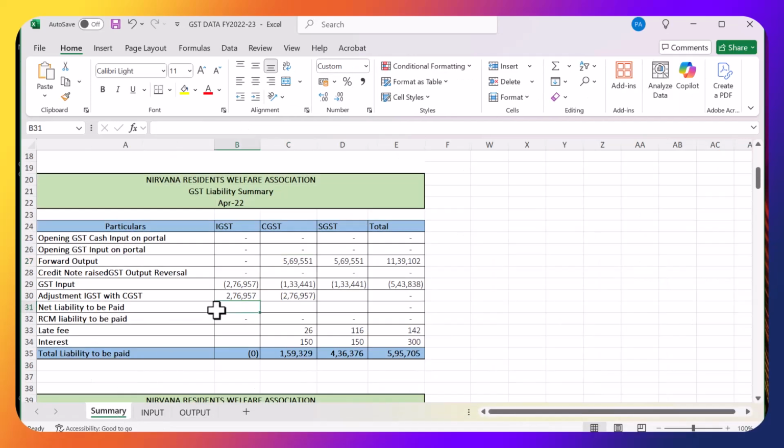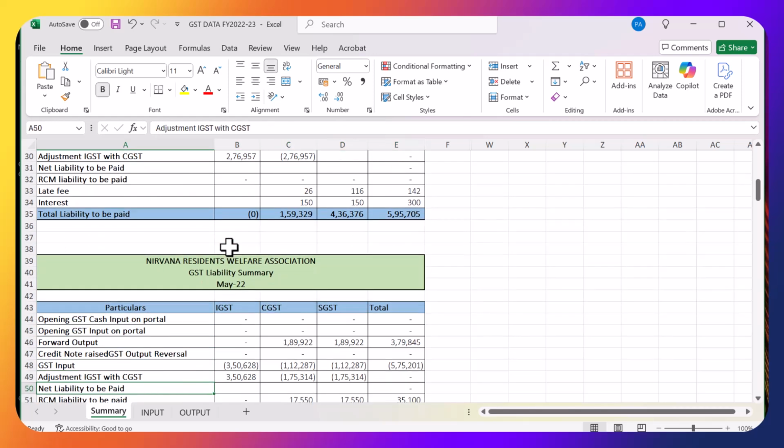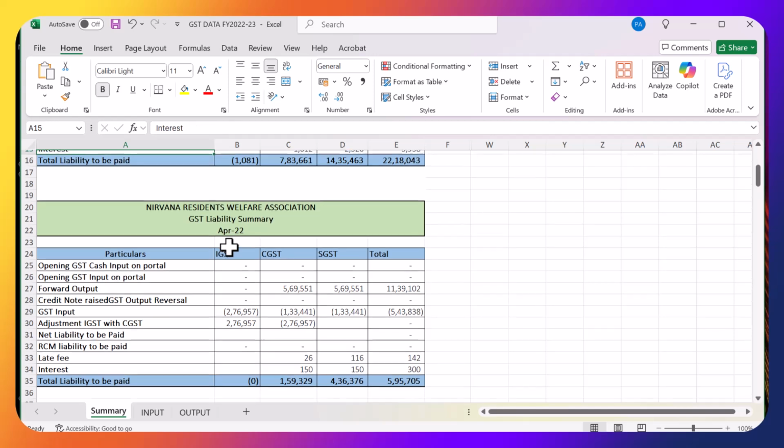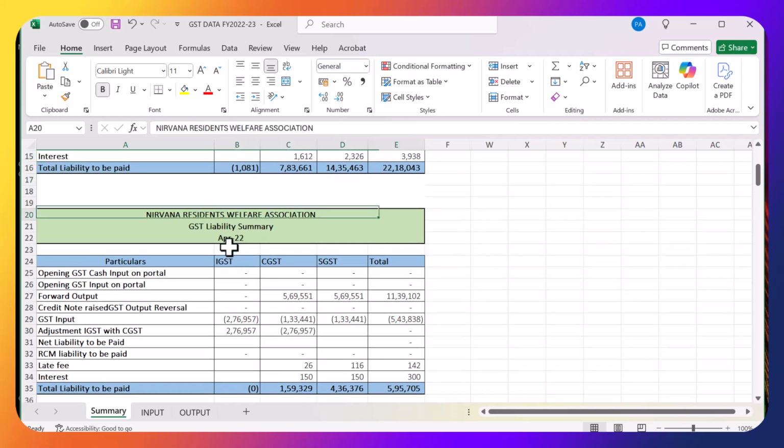So this is the summary, which talks about what is ultimately the liability we have to pay in cash at the last. For every month, we calculate this. I'm just sharing the data for April 2022. The total output liability on account of both CGST and SGST was 11 lakh 39,000.